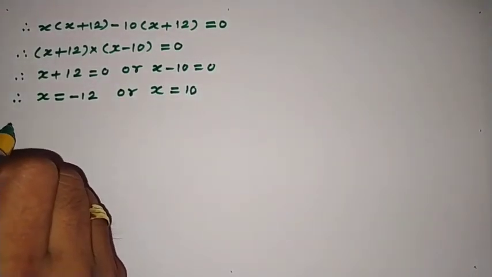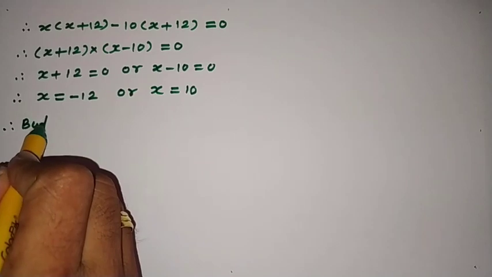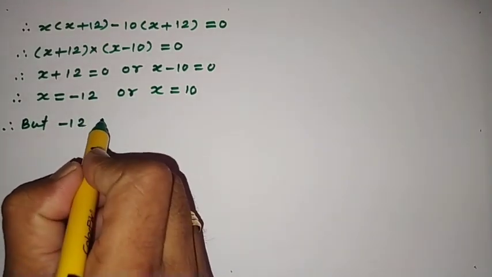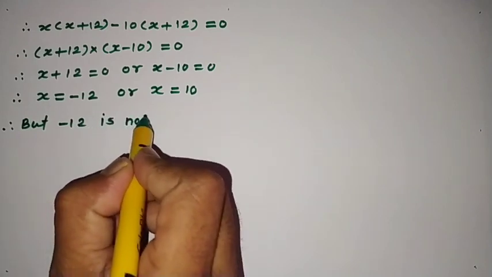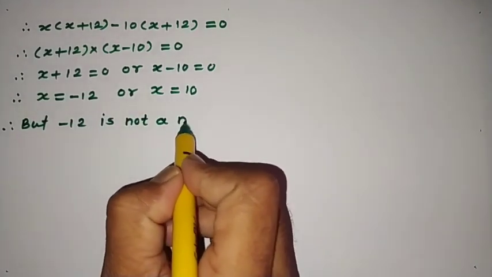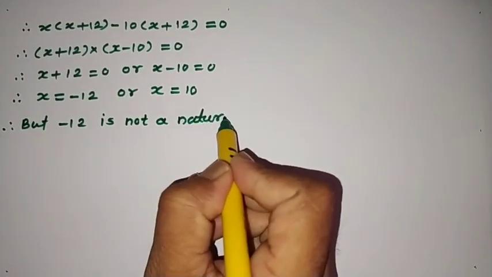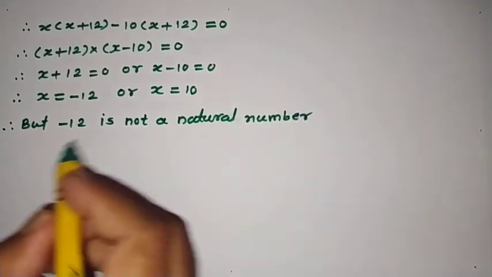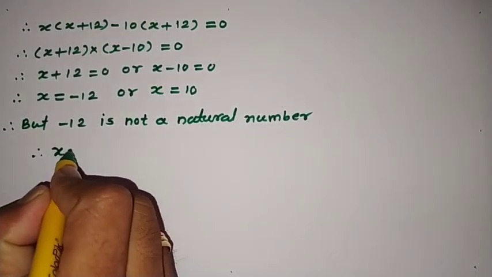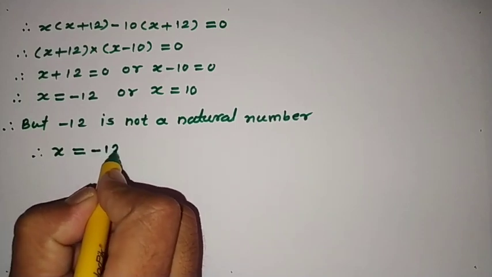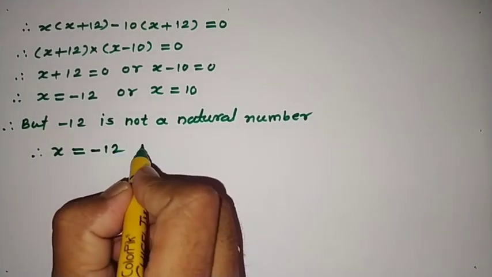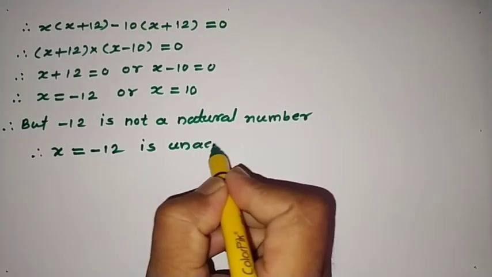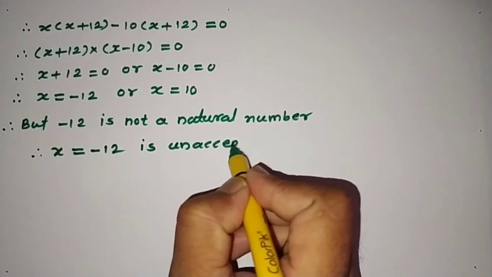But minus 12 is not a natural number. Therefore x equal to minus 12 is unacceptable, and 10 is acceptable.